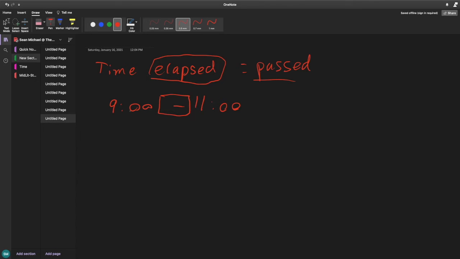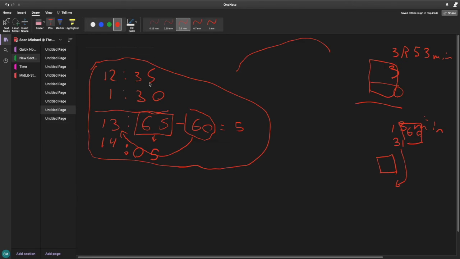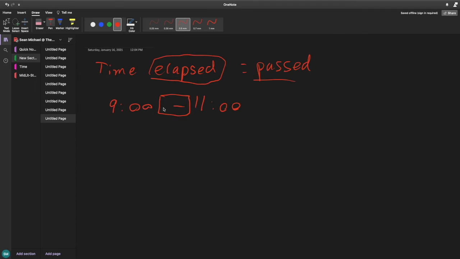Before, we knew how much time was in between, and we added what was in between to find out the end. Now we have the start time and we have the end time. What we want to do is subtract these to find out how much time took place in between.